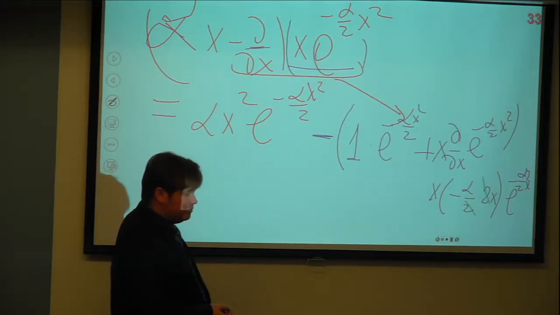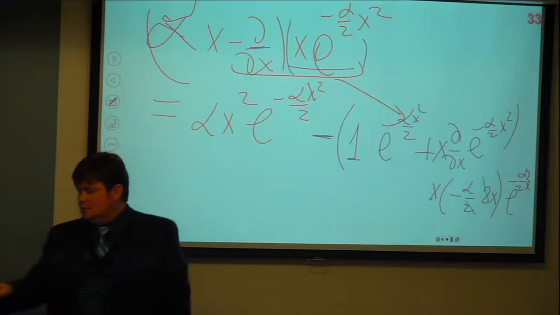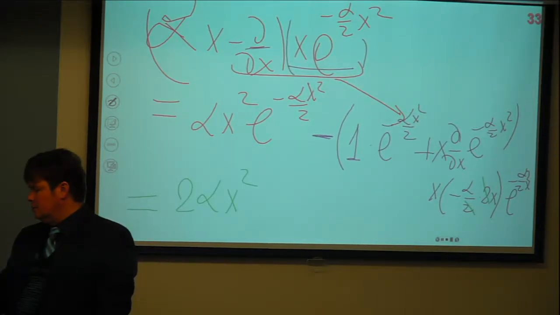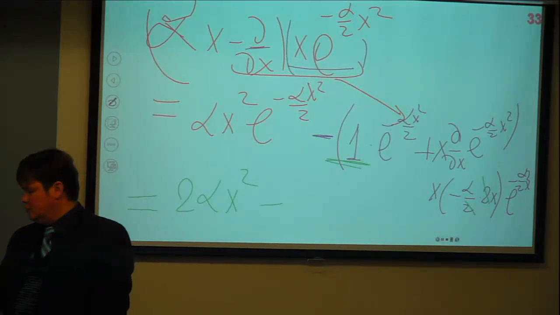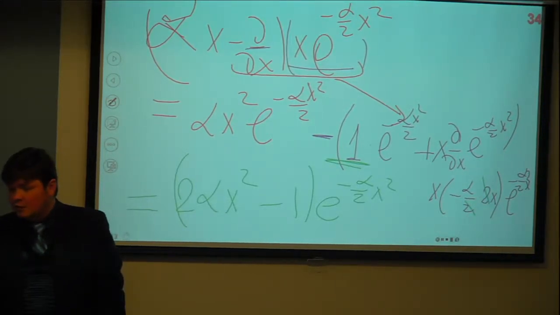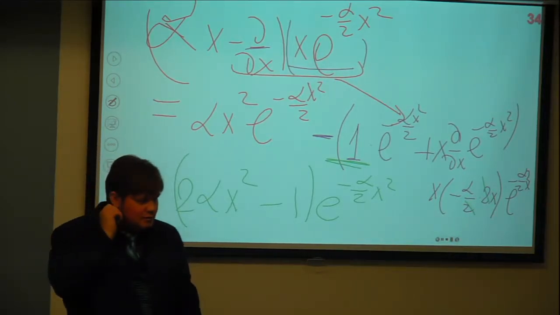Added. Added together, because one minus here and another minus here. So it will be 2 alpha x squared. Then we have this minus 1, and we put the exponential outside of a bracket. And of course, there should be a normalization factor, but we'll take care of it later.